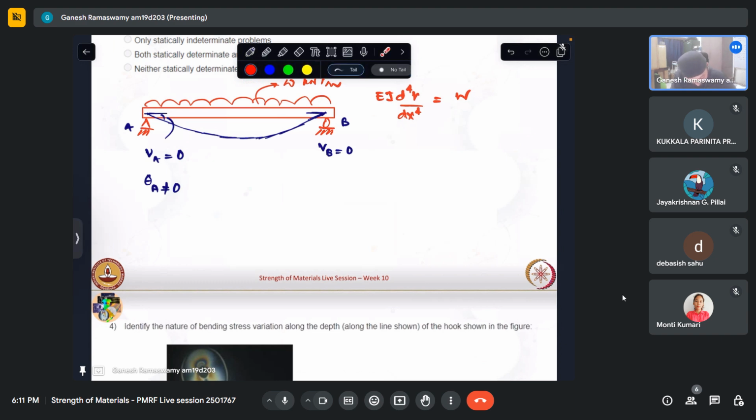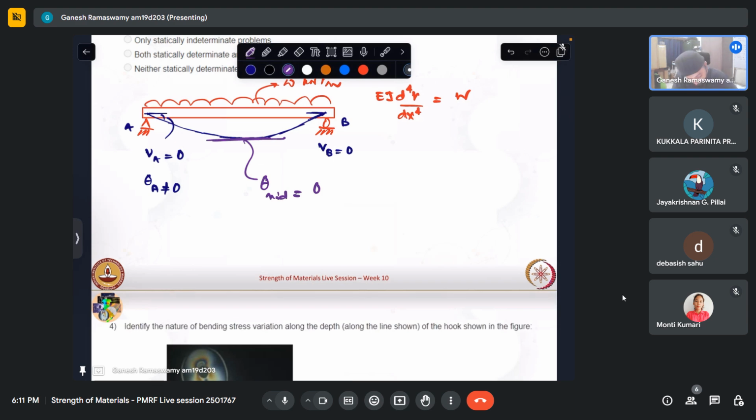At the midpoint, however, if I were to draw a tangent, I can see the slope at the midpoint is 0.